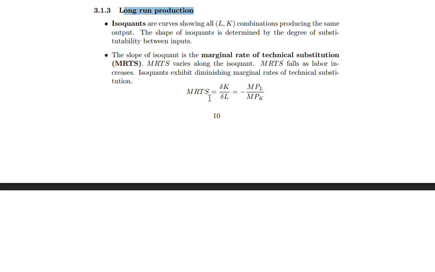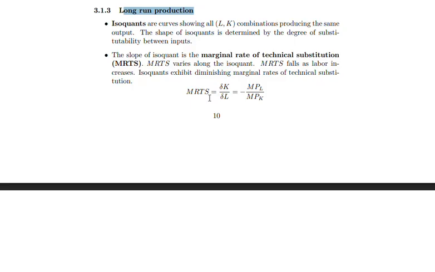The slope of the isoquant is the marginal rate of technical substitution, similar to MRS, right? That means the MRTS varies along the isoquant. MRTS falls as labor increases.